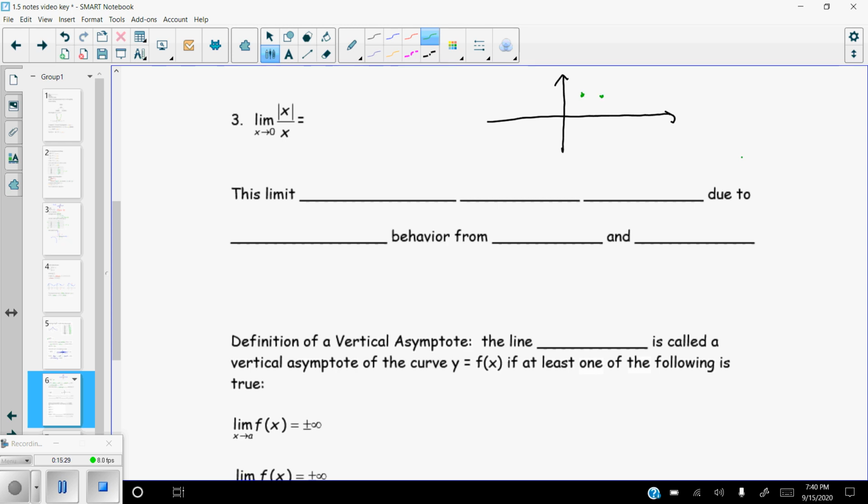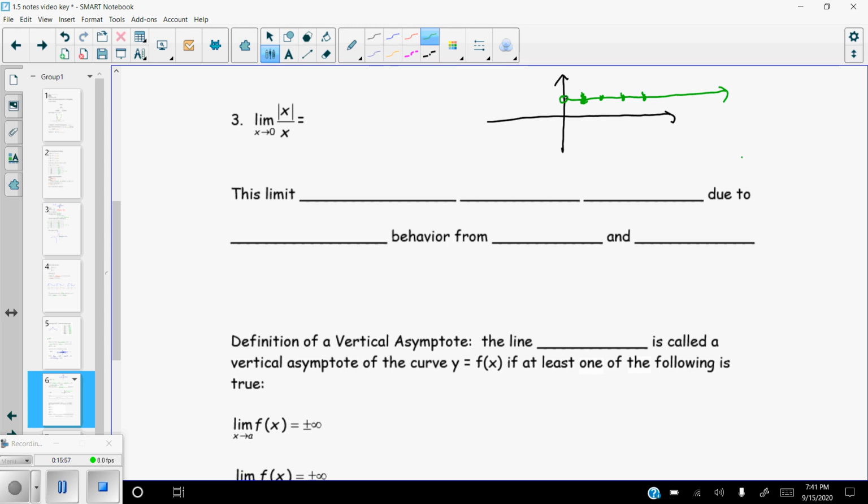If I plug in 3, I get 3 over 3, which is 1. If I plug in 4, I get 4 over 4, which is 1. So anything past 0 in this direction is always going to be 1. It's just a horizontal line going through y equals 1. But at 0, I know that I don't have a value, I have a hole.